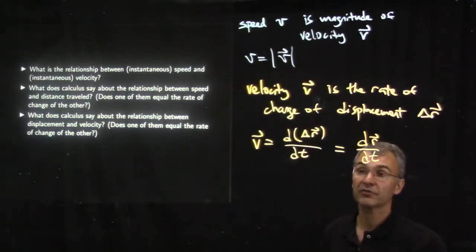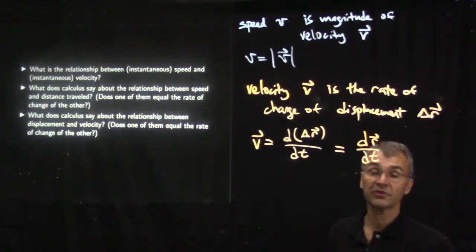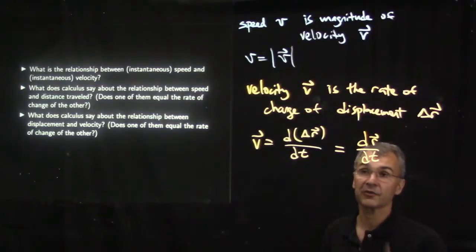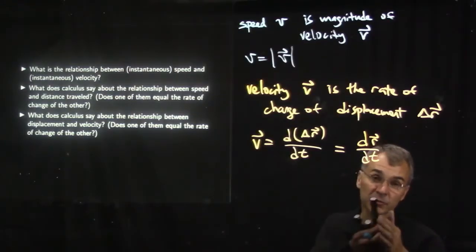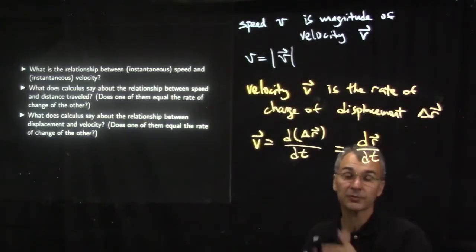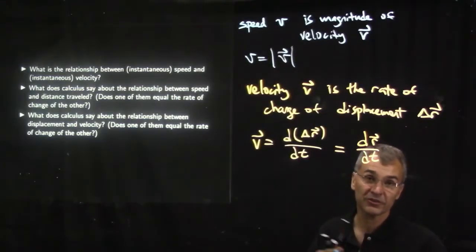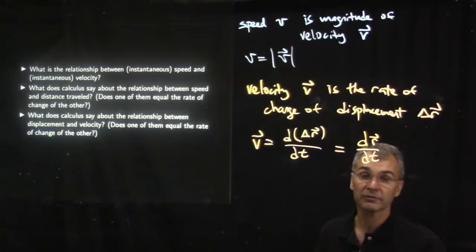So in other words, you could say velocity is the rate of change of position. It's the same as velocity is the rate of change of displacement. Because what distinguishes displacement from position is that displacement is your position now minus your initial position. And your initial position is a constant, so the time derivative of a constant is 0.